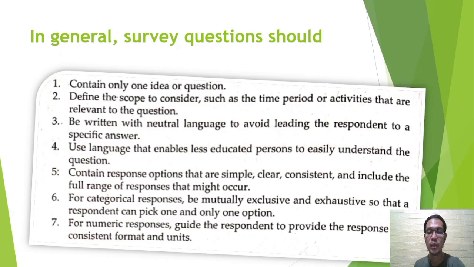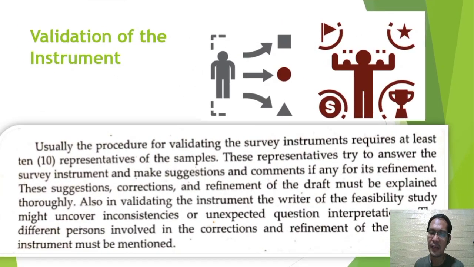So we have also this validation of instrument. Now, what do you understand with this validation of the instrument? So usually the procedure for validating the survey instruments requires at least 10 representatives of the sample. So these representatives try to answer survey instrument and make suggestions and comments, if any, for its refinement.